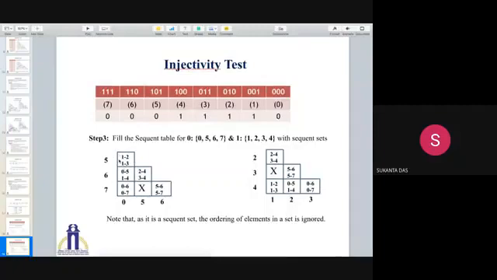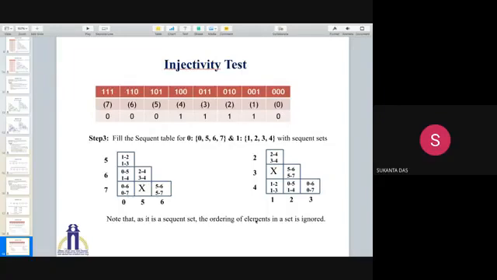It forms because 1 and 2 both are 1, and 1 and 3 both are 1, right? In this way I form the sequence table. This is the sequence table for 0, this is the sequence table for 1, and I get a sequence set. So some two entries are crossed, right?